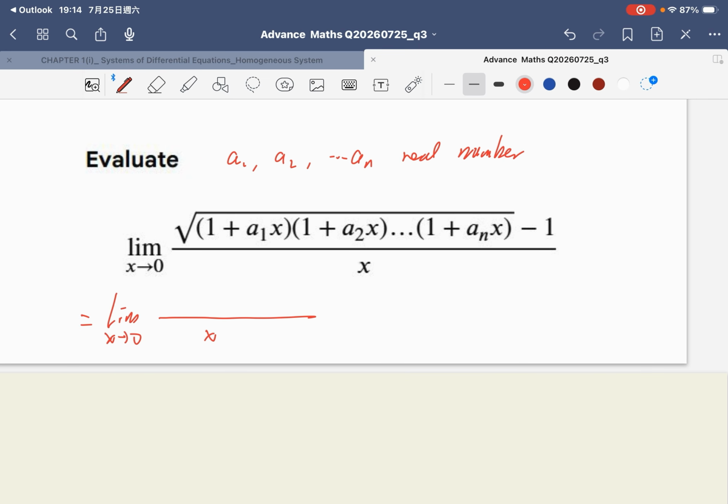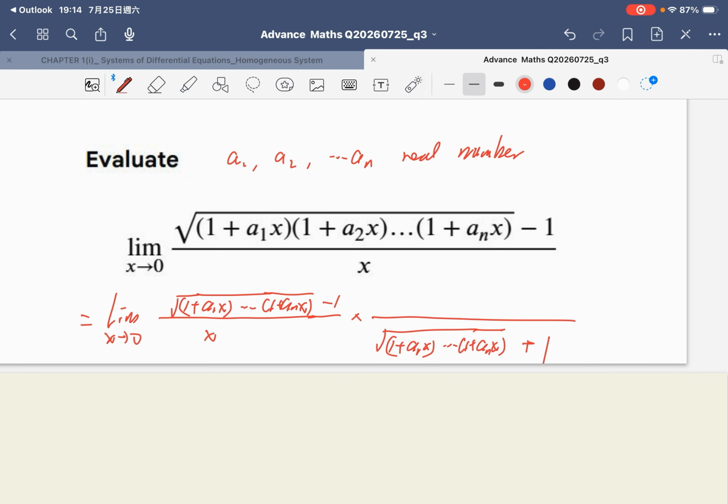We first multiply by the conjugate: minus 1 times this conjugate, the square root of (1 + a1x) times up to (1 + anx), plus 1.